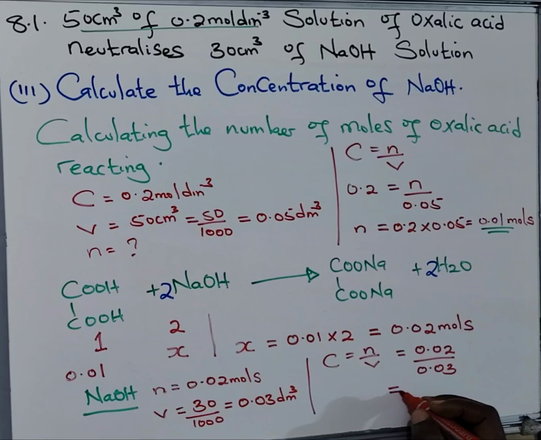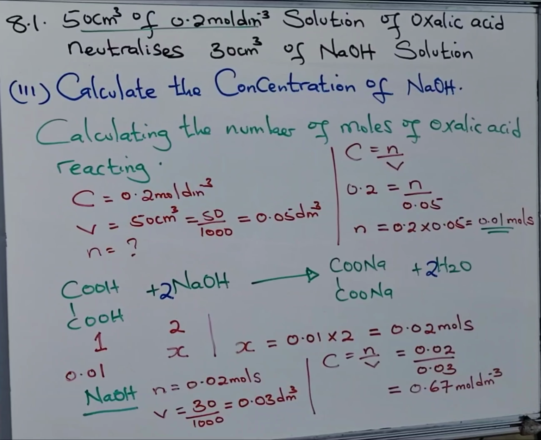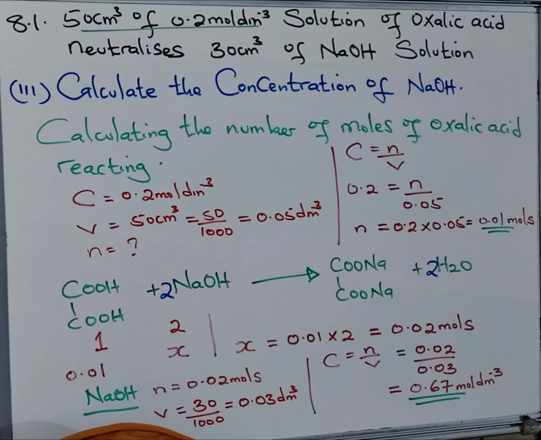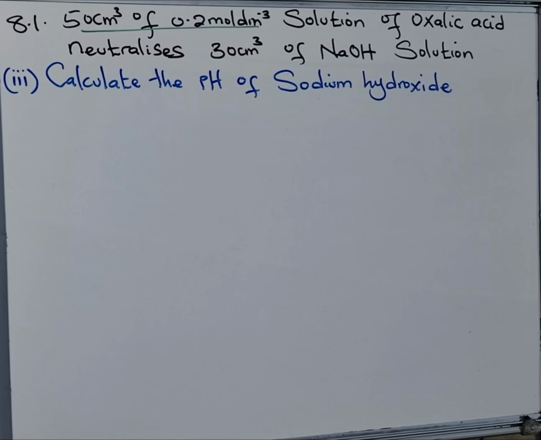What you get out of this is going to be the concentration of sodium hydroxide. Yes. So we have it here. This is the concentration of sodium hydroxide. It is 0.67 moles per cubic decimeter.